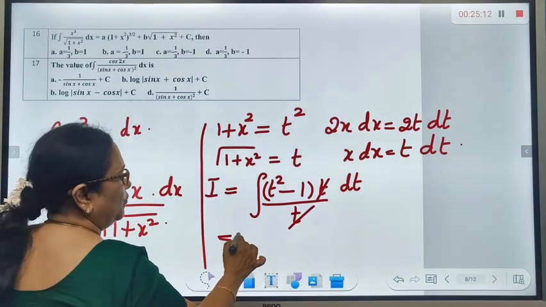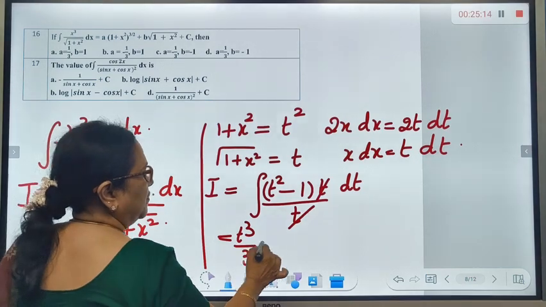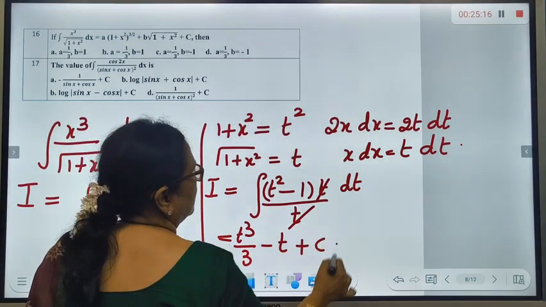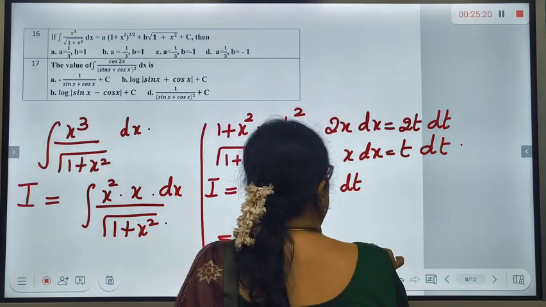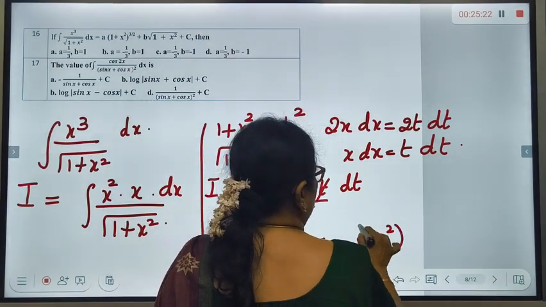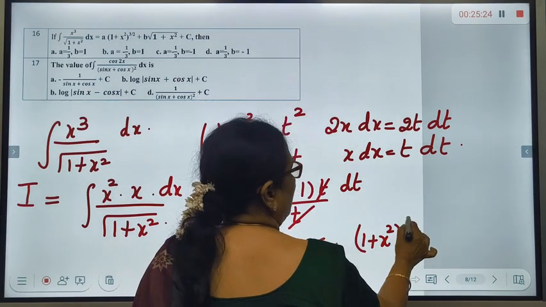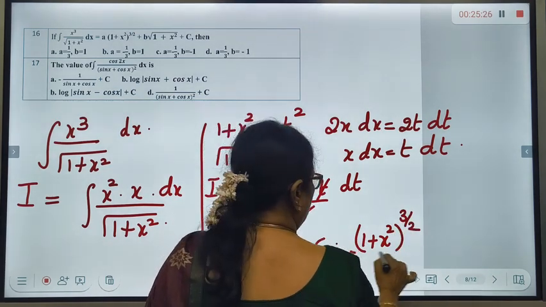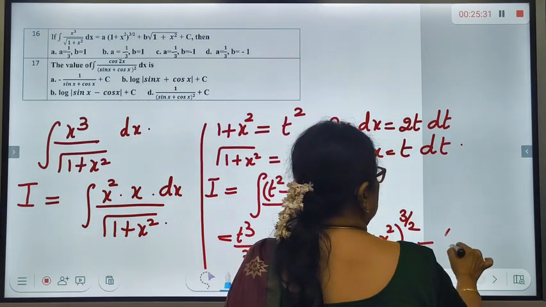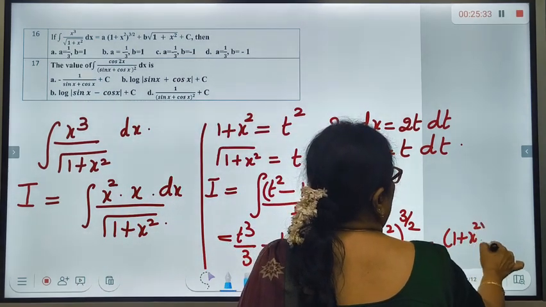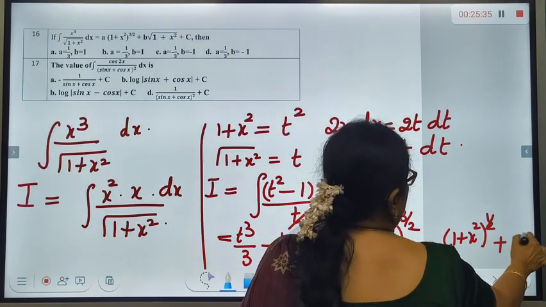This is t cube by 3 minus t plus c. What is t? Root of 1 plus x square. So 1 plus x square to the power half raised to the power 3 will give you 3 by 2, divided by 3, minus t, which is 1 plus x square to the power half, plus c.